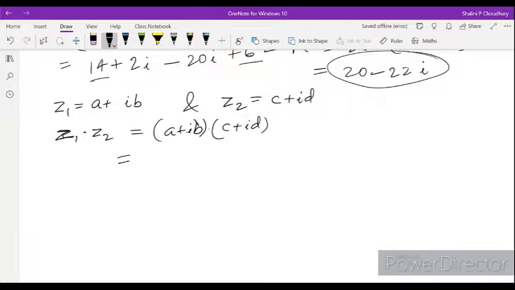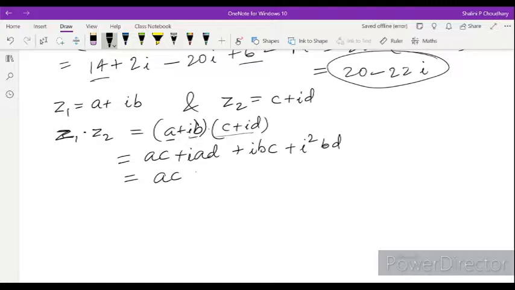First of all we'll multiply a with both of them: ac plus a into id, so i into ad. Now we'll multiply bi with c, so i bc, and i into i, so i square bd. We can write i square as minus 1.